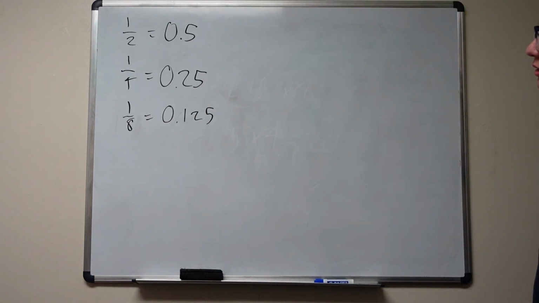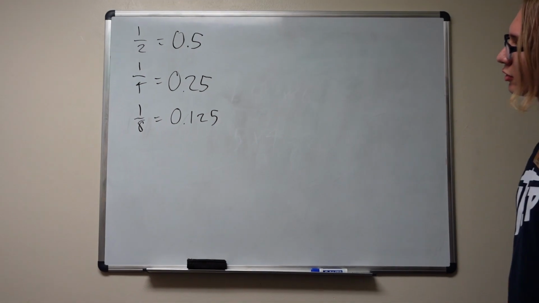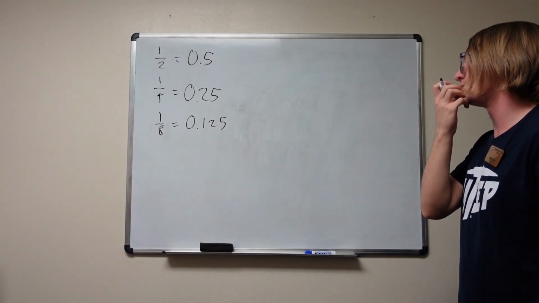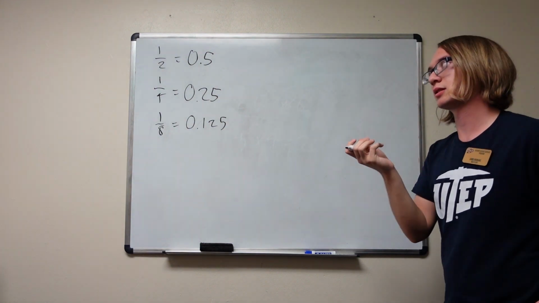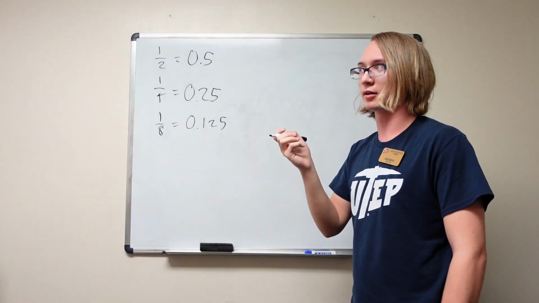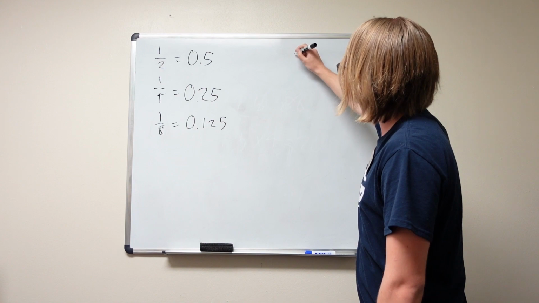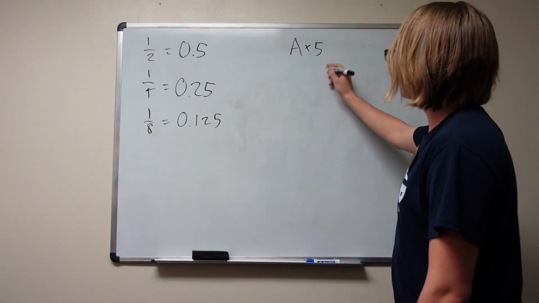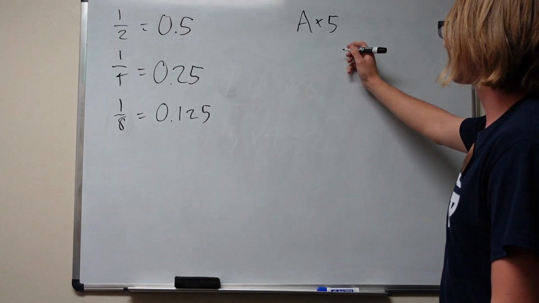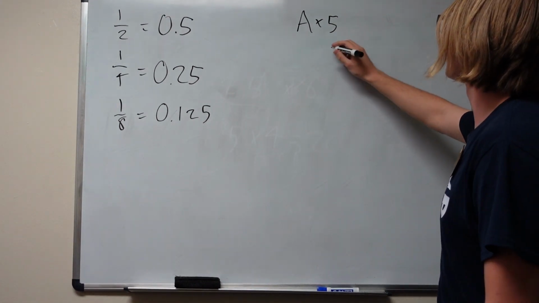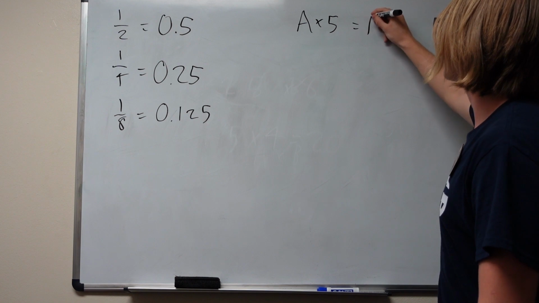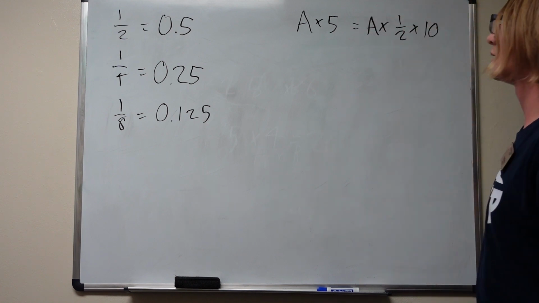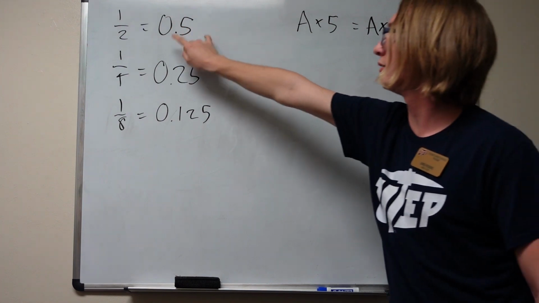So what this trick is, if you memorize these, you can make correlations between other numbers whenever you multiply. For instance, if you're multiplying a number times 5, well, 5 is the same thing as a times 1/2 times 10, because we know 1/2 is 0.5.